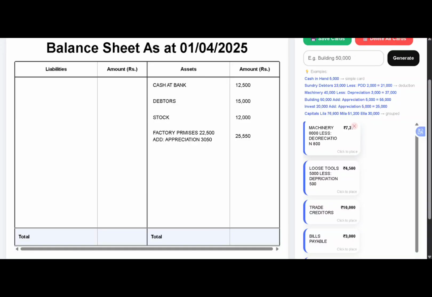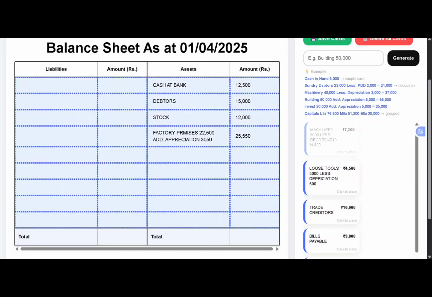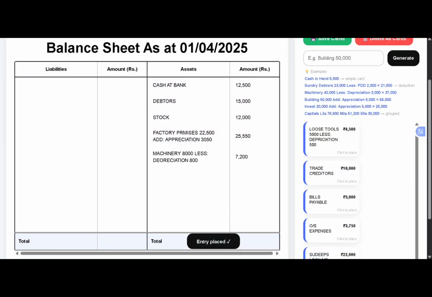The next asset what we have is the machinery account. Again, for machinery there is a depreciation, so we are going to record it in the balance sheet. So machinery account is rupees 8,000 less depreciation 800, that is 1,200 for the partners. That is 7,200, which is the depreciated value of machinery.